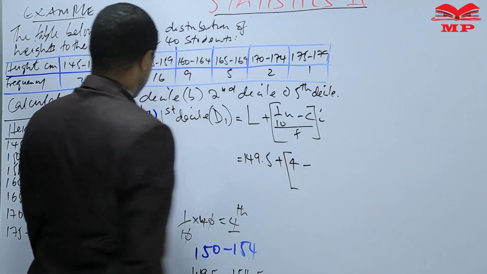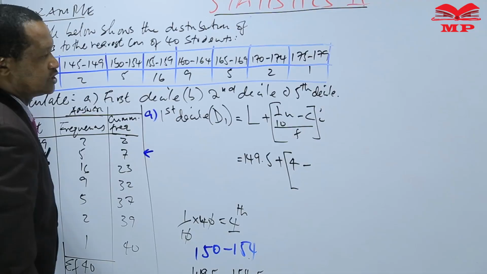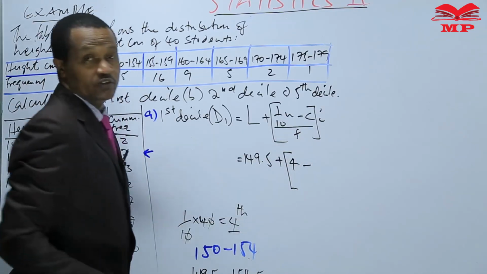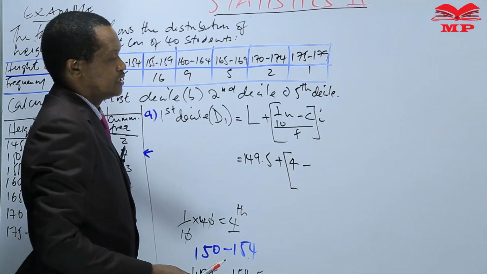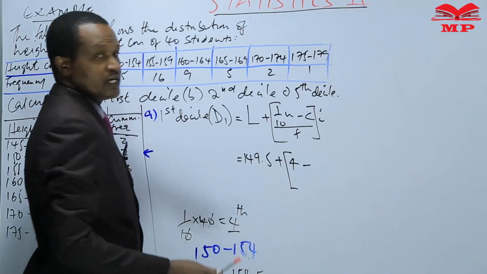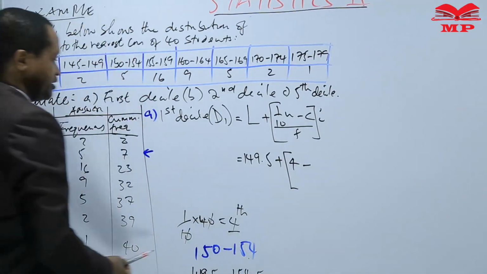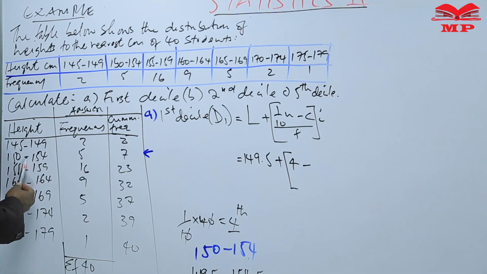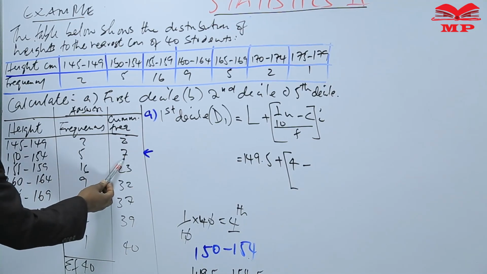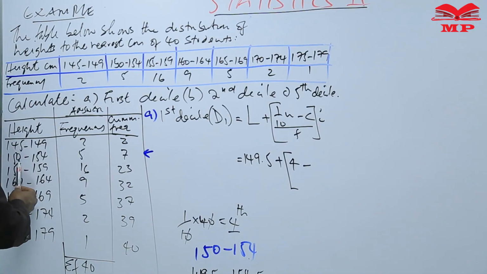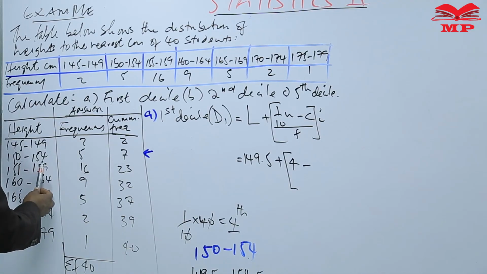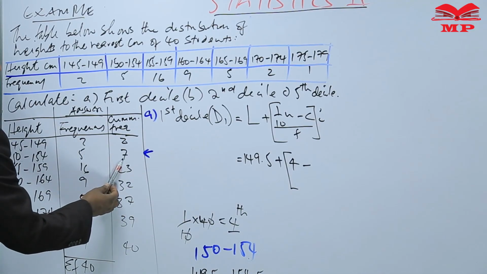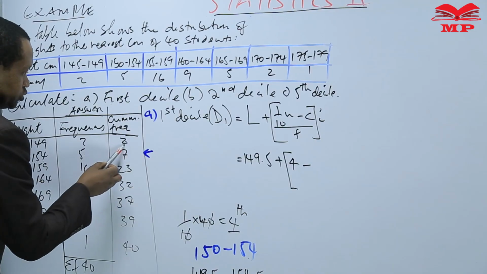Then we subtract the cumulative frequency above the first decile class, which is 2.